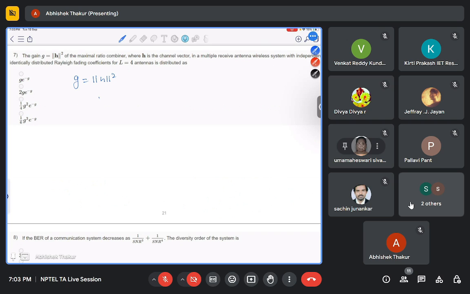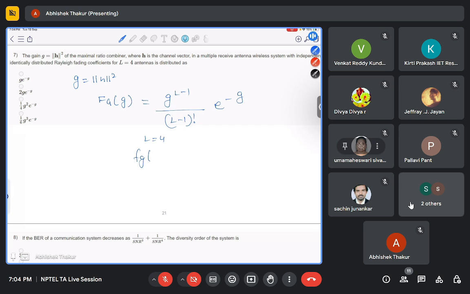So we all know that the probability density function for this G is given as G to the power of L minus 1 by L minus 1 factorial into e to the power of minus G. So here L is equal to 4.